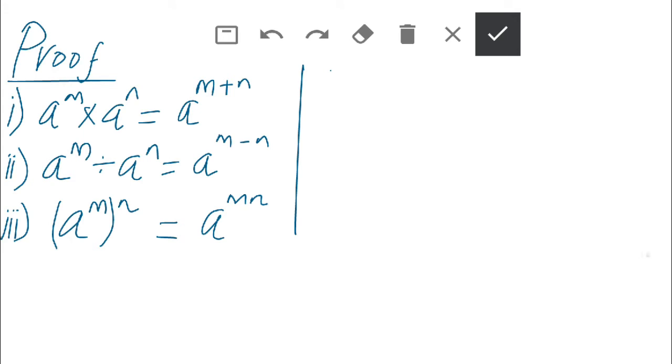Now let x represent a power m and y represent a power n.